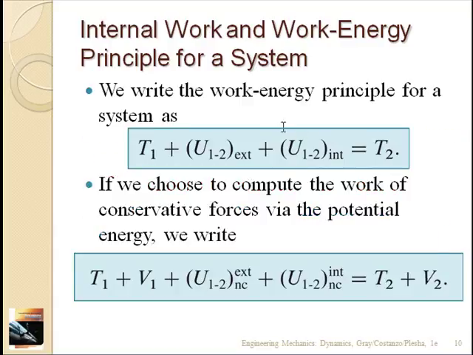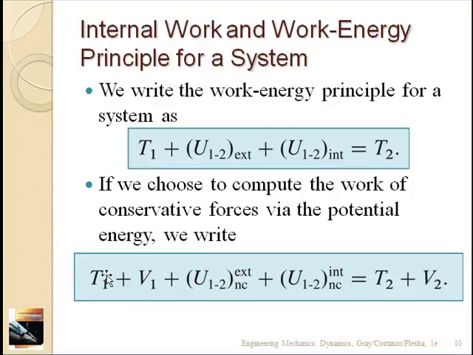Okay, so we can write for a system, T1 plus the work done by external forces, plus the work done by internal forces equals the final kinetic energy, and these would be totals over all particles. Okay, or similarly, we can break the work done into non-conservative and conservative forces.